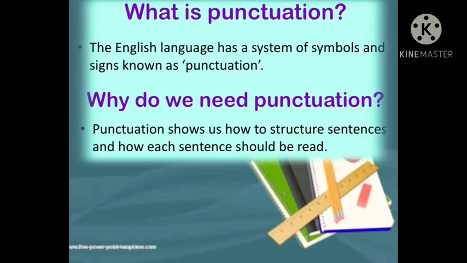So, punctuation shows us how to structure sentences and how each sentence should be read, like where to pause, where to stop, where to begin. All these come together in the topic of punctuation marks.